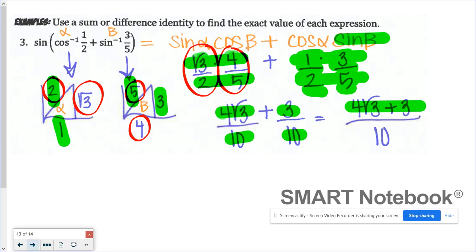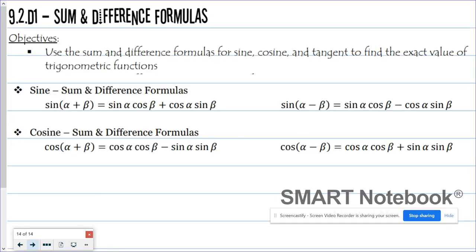And so that's how we work with our sum and difference formulas. We simply use them to find exact values of trig functions. We are working with two angles when we're using sum and difference formulas. So we're going to create two reference triangles, one for alpha and one for beta, using the given information.